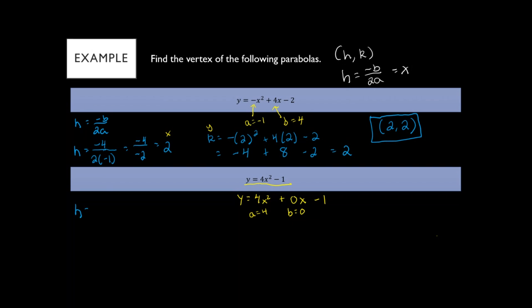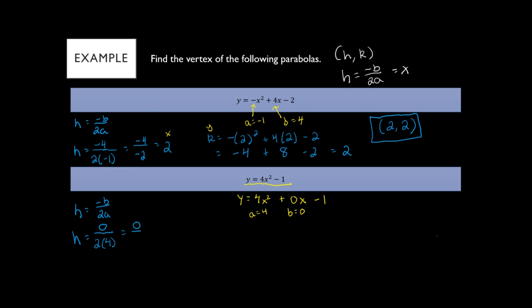So to find the vertex, we start with h equals -b over 2a. And so b is 0, and -0 is the same as +0. So it's just 0 on top. You don't have to write the negative sign because it's 0. And then 2 times 4 goes in the denominator.